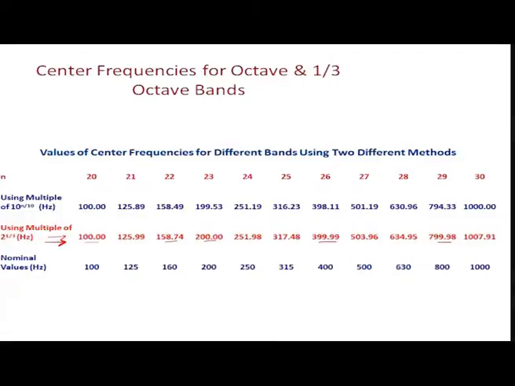Now, let us do the mathematics in a slightly different way. We start with 100 and multiply it by 10 to the power of n by 10, and this n in this case is 20. If you do this math, you get 125.89.